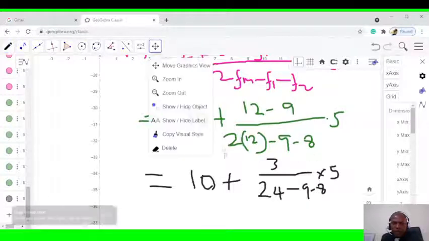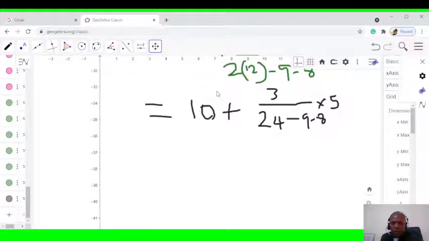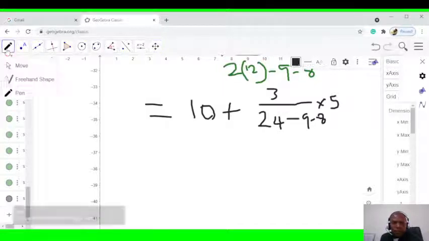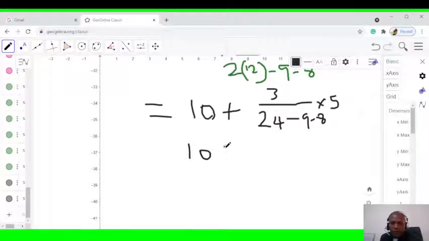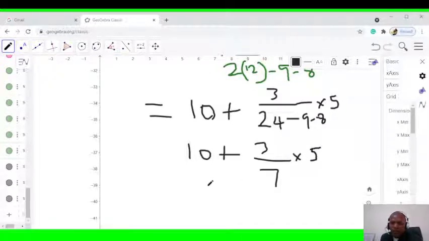Basically, you're talking of 10 plus 3 over, 24 minus 17 is 7, so over 7, times 5. This is 10 plus 15 over 7.